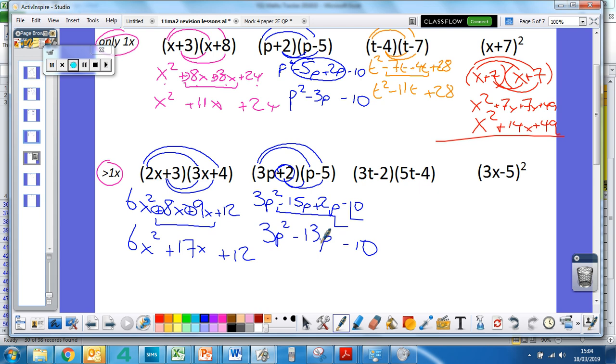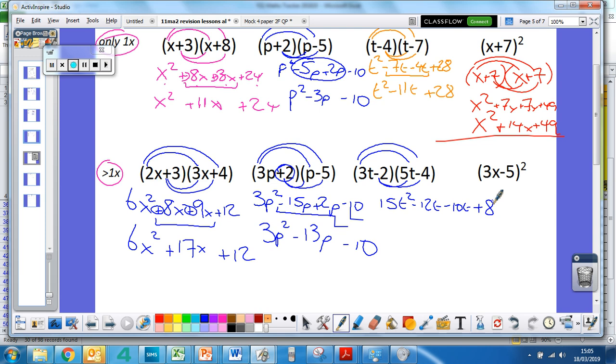Third, the penultimate question here. 3t times 5t is 15t squared. 3t times minus 4 is minus 12t. Minus 2 times 5t is minus 10t. And minus 2 times minus 4 is plus 8.